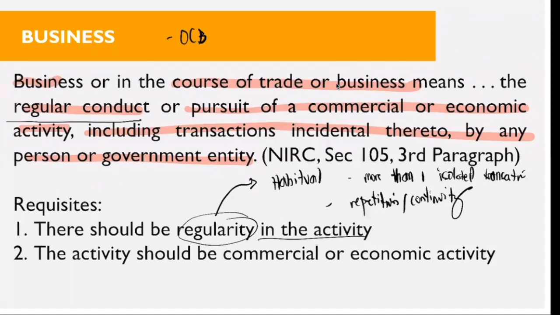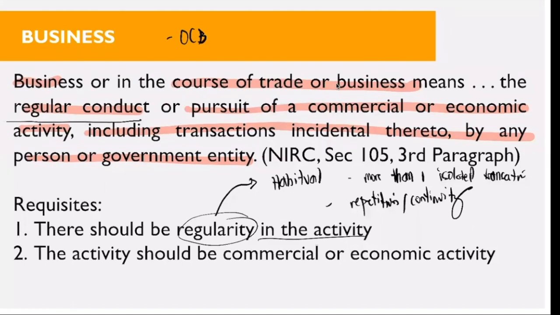So for example, in our case scenario a while back, we have here a lot. If that is an isolated transaction, you only did it once, it is subject to CGT because you are not in the course of business.